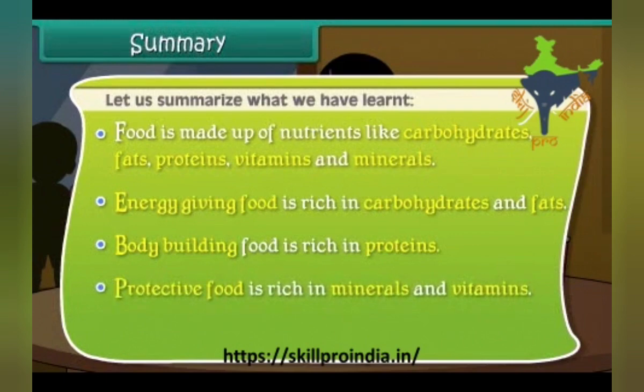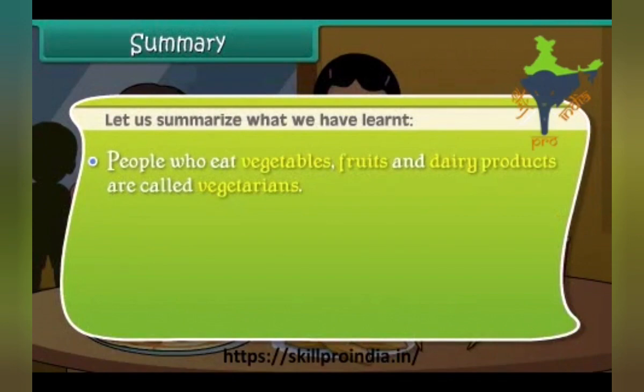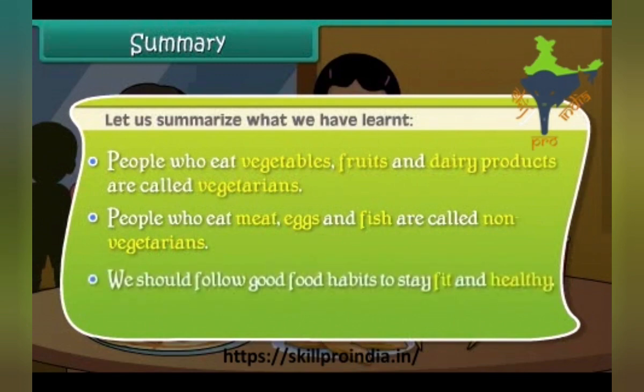Protective food is rich in minerals and vitamins. Plants make their food in their leaves. People who eat vegetables, fruits and dairy products are called vegetarians. People who eat meat, eggs and fish are called non-vegetarians. We should follow good food habits to stay fit and healthy.